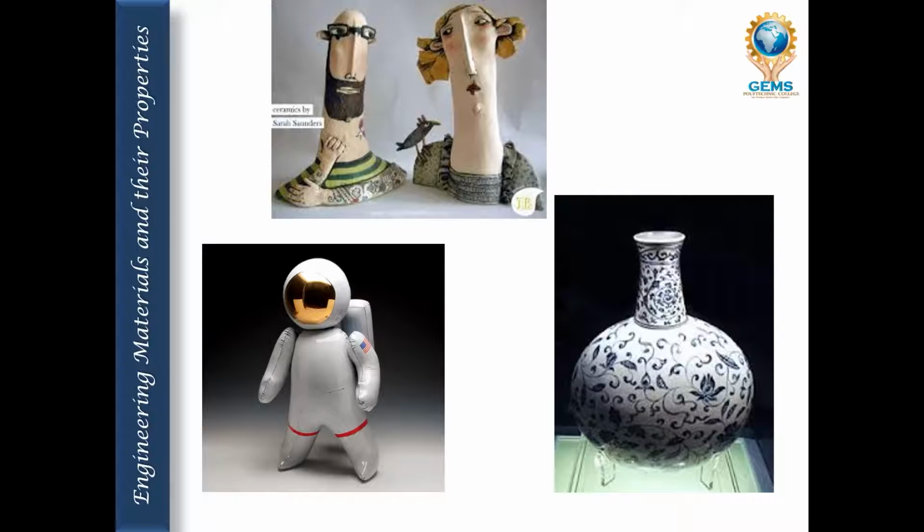This could be a glass ceramic, which is shiny, and these are the best examples. This is a portrait made from a ceramic, this is an astronaut suit made with ceramic, and this is a flower pot, also made with ceramic.